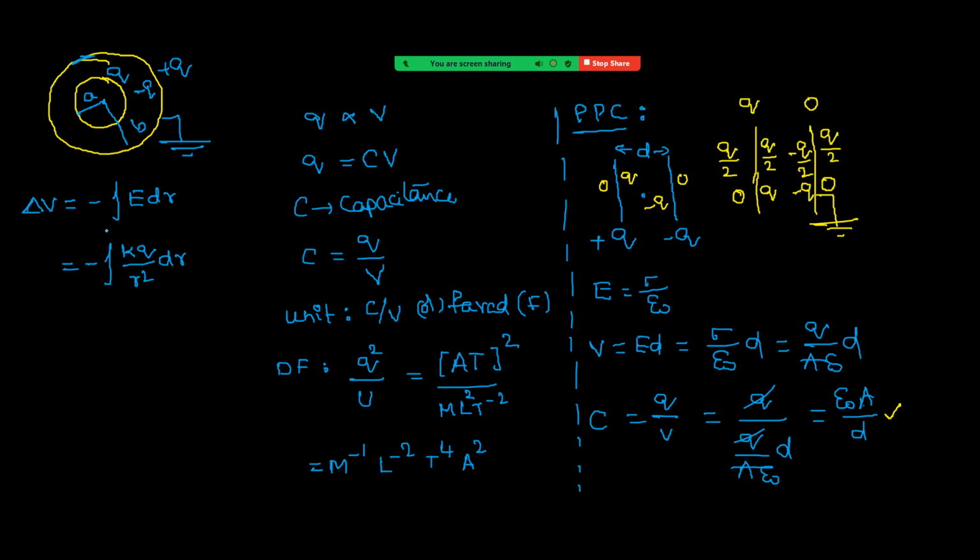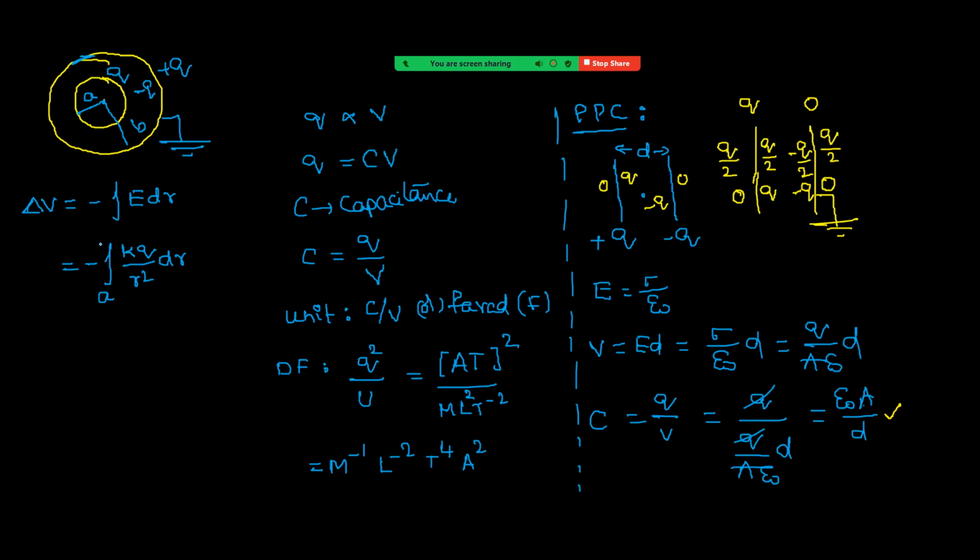Okay. So now we want to take the limits. We know that the field is radially outwards, and along the field, potential decreases. That means potential of the outer one is less compared to that of the inside. Okay. Let us focus now here. Limits.